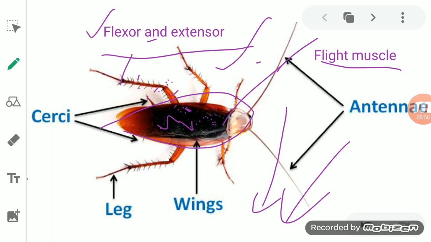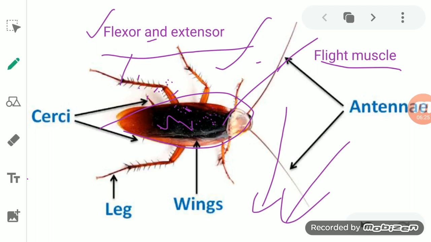The same thing occurs with birds or organisms which are able to fly. When they push the air downward and backward, the downward push on the air lifts the organism. The same thing happens with the cockroach.